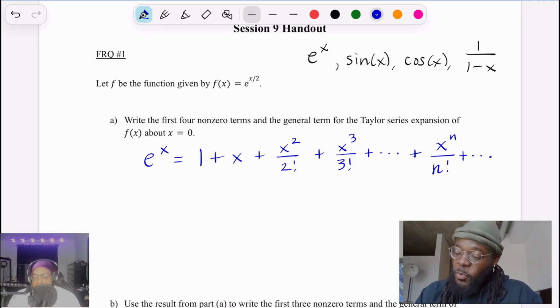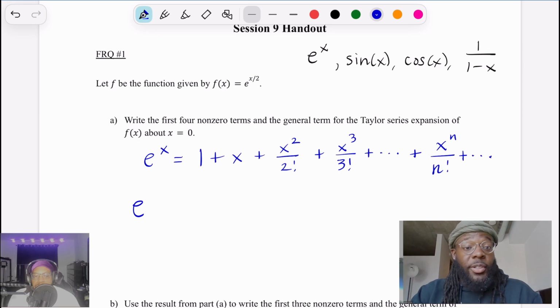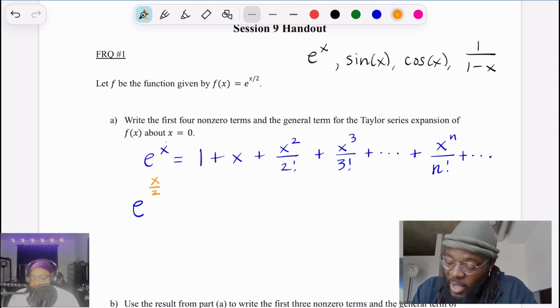We want the Taylor series expansion for f, which is e to the x over 2. So the nice thing about Taylor series is that we can just use substitution to build new series, right? So I know that e to the x over 2 is just a composition where I plug x over 2 in for the x in e to the x. So just as I did that on the left side here, I'm going to do the same thing on the right.